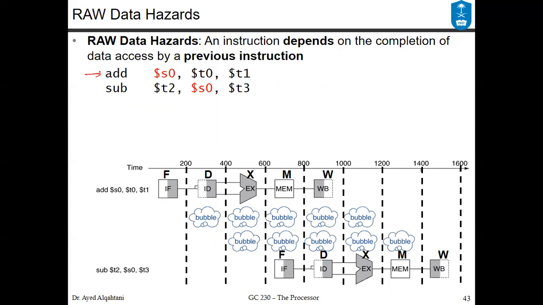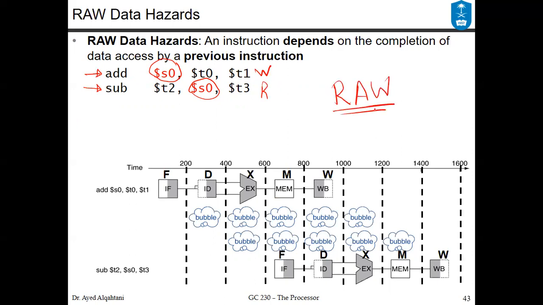And this is what happens in this instruction. Here, we write to S0 as destination, and the following instruction reads the same register. So this is write, and this is read. And the hazard is you read after the write.